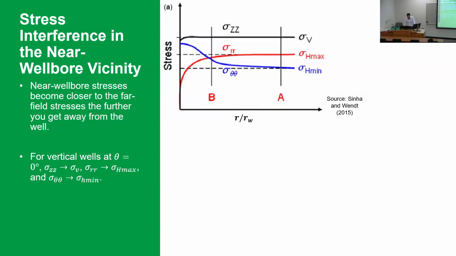Imagine if I draw the well. I make it small intentionally. I have SH max here, and then I have SH min. You might not be able to see it because of the camera.